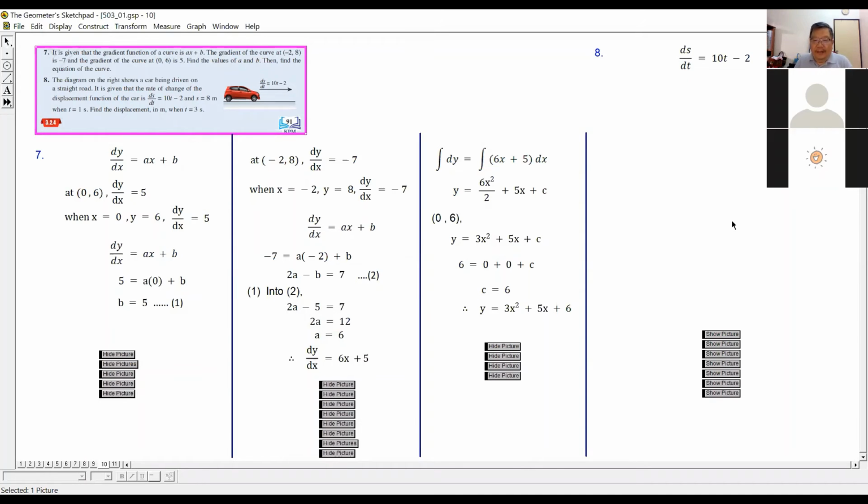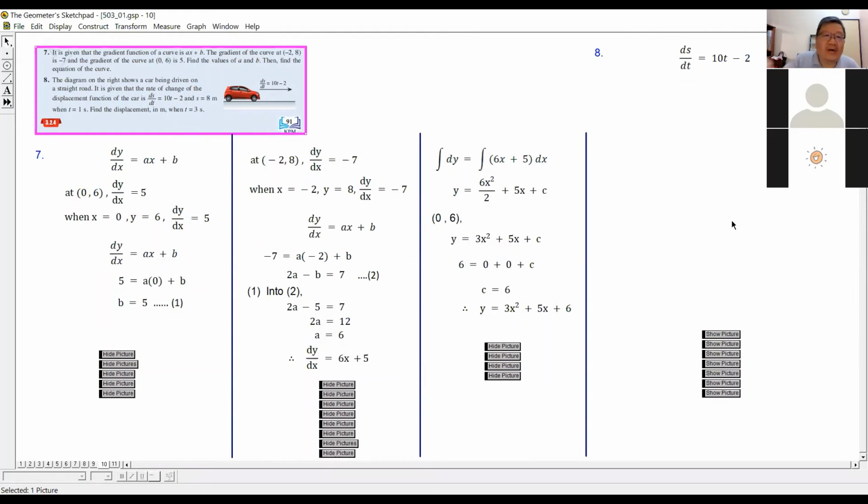Question number 8 is actually from the second last chapter in Form 5. If you look at the textbook, the second last chapter is motion in a straight line.